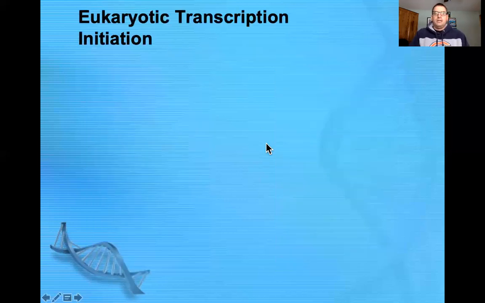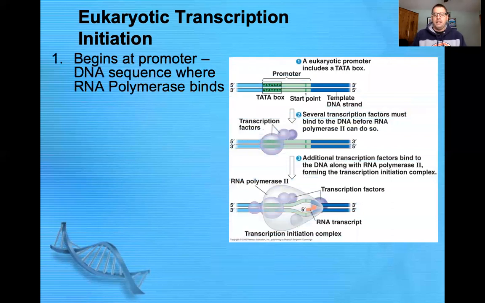Okay. All right, so how does transcription occur? Okay, transcription is a 3-step process. There's going to be an initiation, elongation, and termination, right? So now we're talking about how mRNA is made. Okay, transcription begins at a DNA sequence where the enzyme that carries out transcription actually binds, okay?